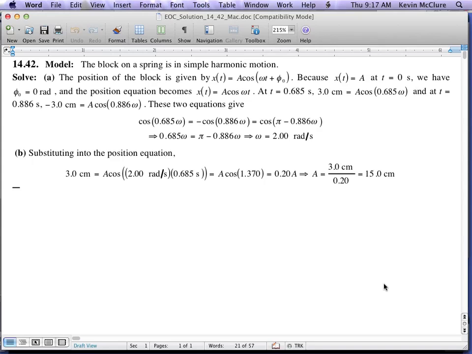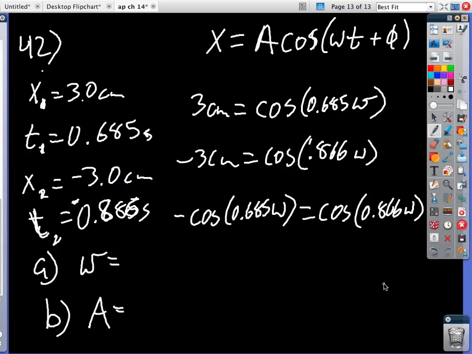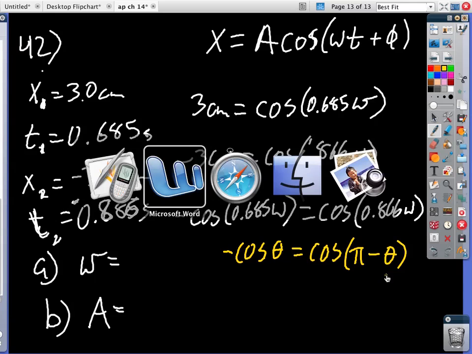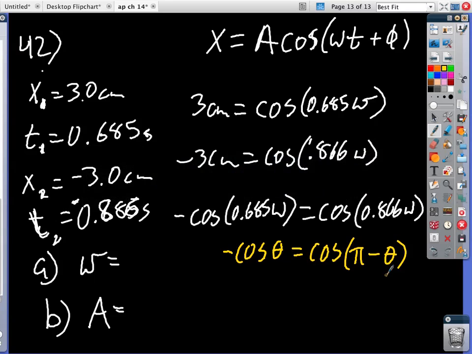Wait, what? They gave us this hint, which is negative cosine of theta is equal to the cosine of pi minus theta. Oh! That's why. That's real. Yeah, so that makes this much easier.